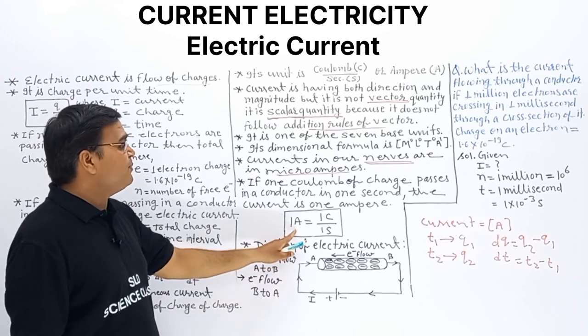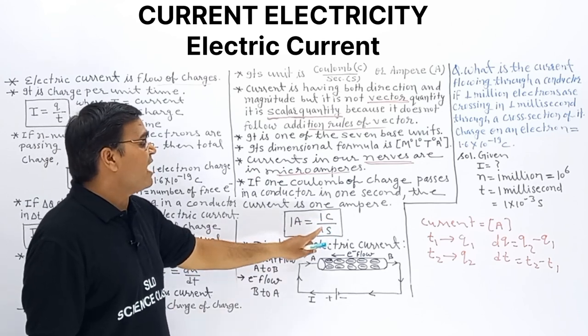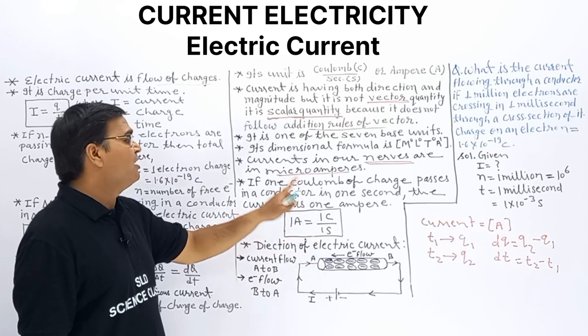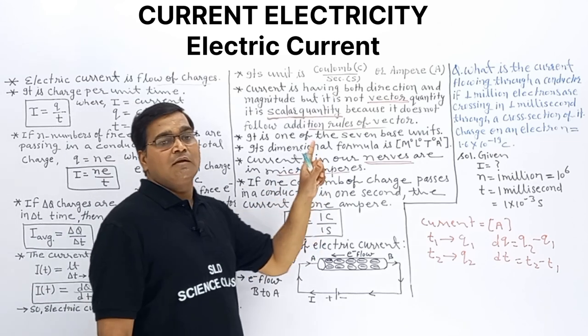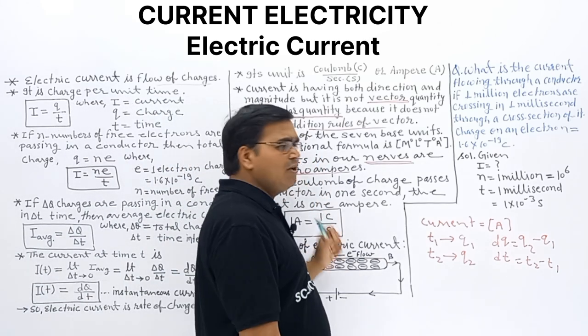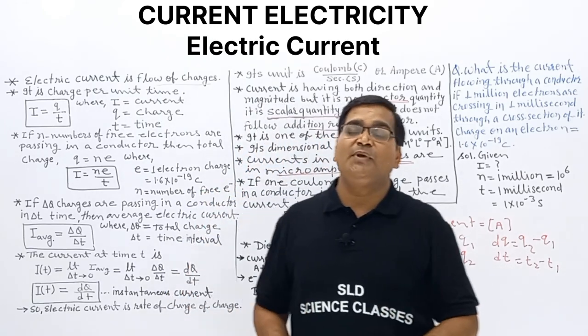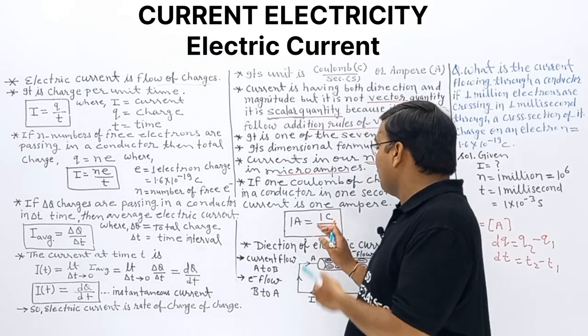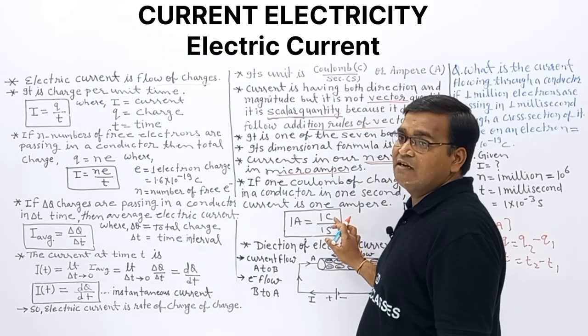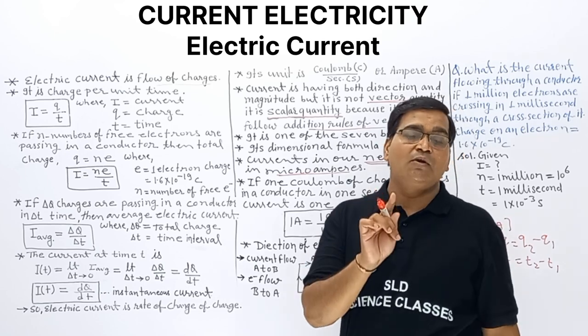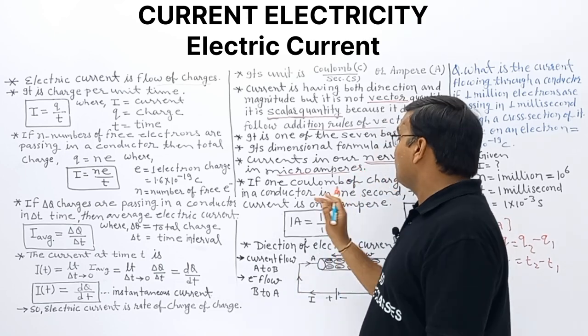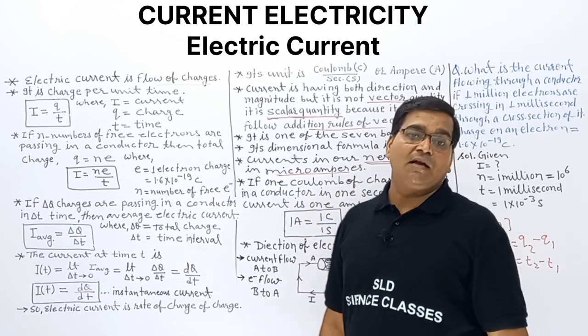This is the easy definition. 1 coulomb charge passing in a conductor in 1 second is called 1 ampere current.